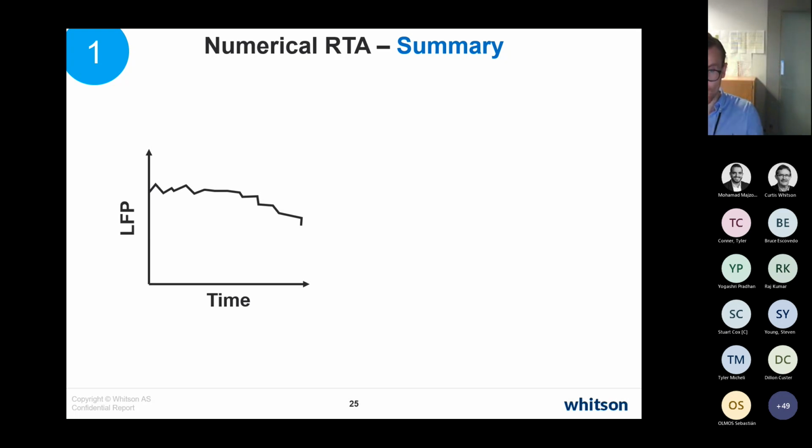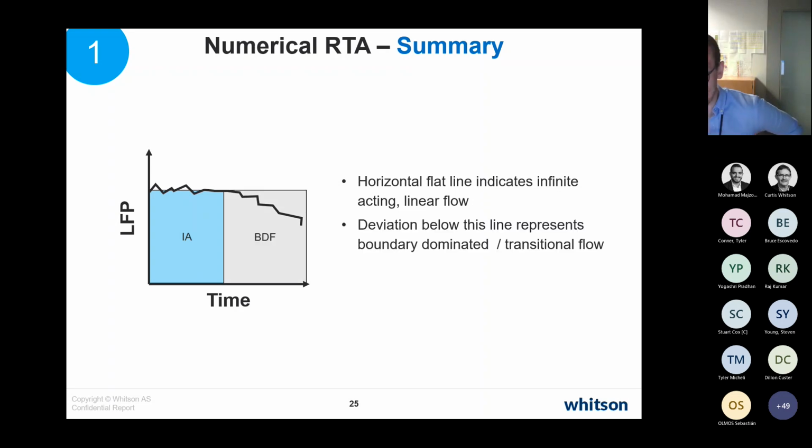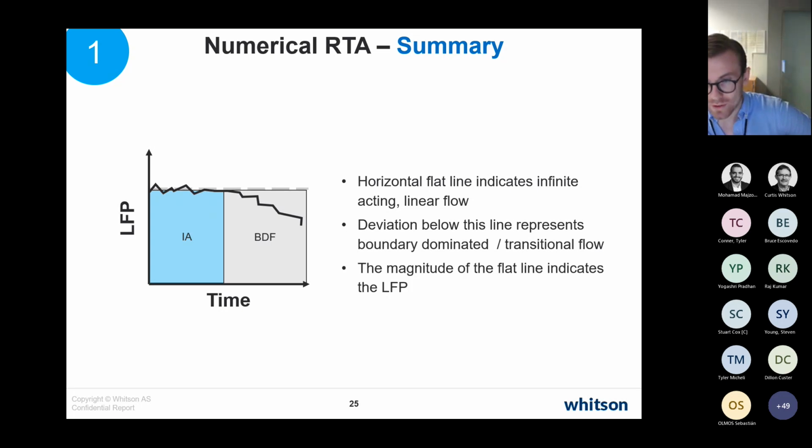The Bowie diagnostic plot basically says that if your data is flat, like the black line here, it indicates infinite acting linear flow, and deviation below this line represents boundary dominated or transitional flow. The magnitude of the flat line itself indicates the LFP parameter. So this is just the numerical RTA equivalent of the square root of time plot, nothing else than that.